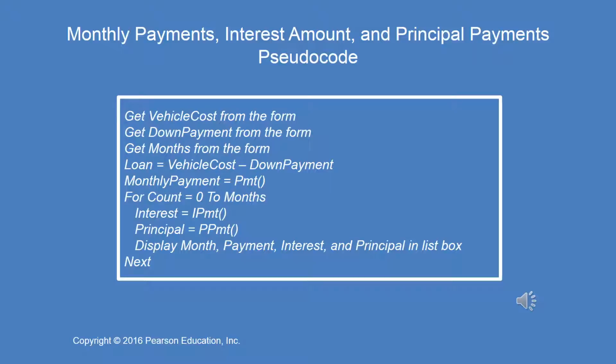Display month, payment, interest, and principal in a list box within the body of that for loop. And it will show you the month, the total payment, and then the payment broken down into interest and principal for 0 to however many months the loan is given for.